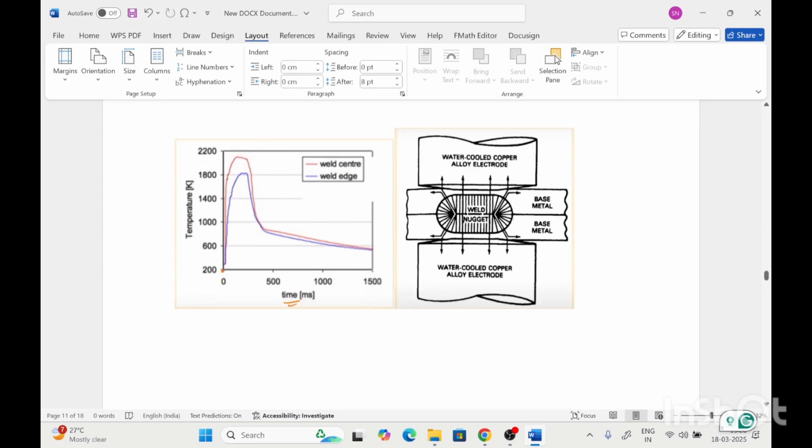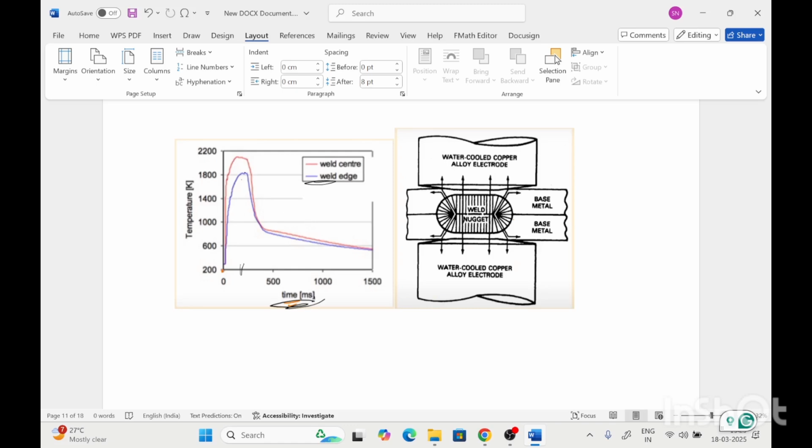Further, the temperature at the weld center or weld edge with varying time is shown in this graph. This is temperature versus time, with time in milliseconds. The red line is for the weld center, meaning the weld center temperature is high for a certain time, and the weld edge temperature is always lower than the weld center temperature.